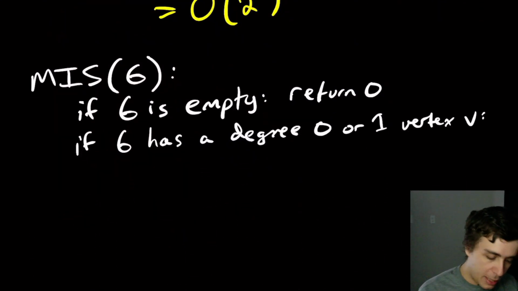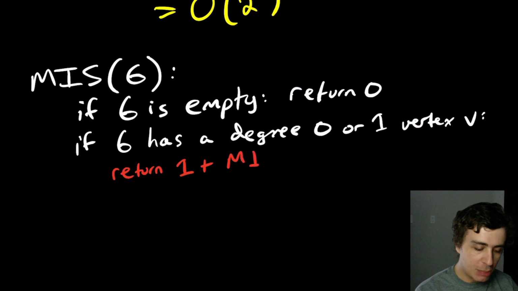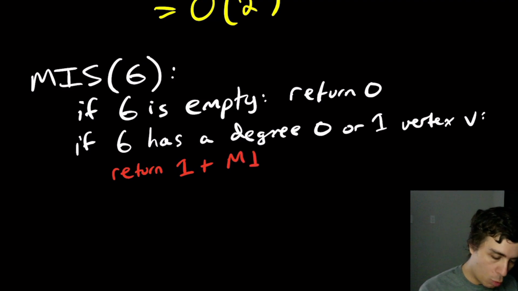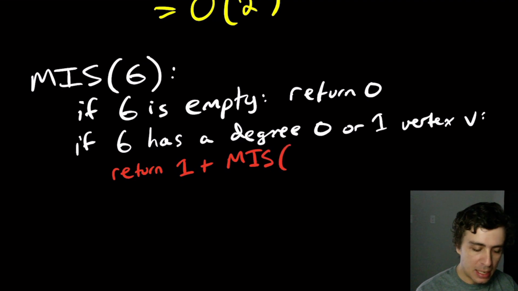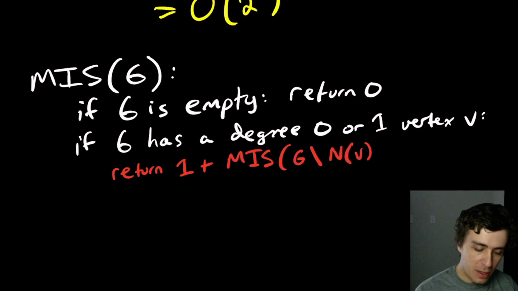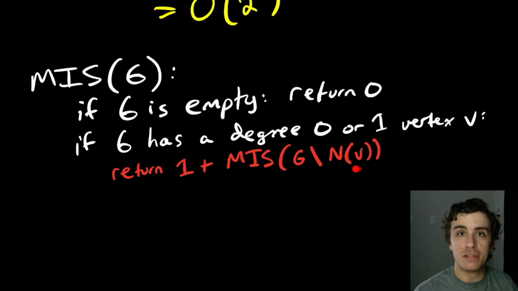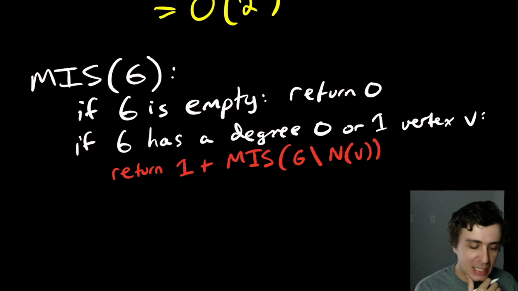So what I'm going to do here is return 1 plus calling the maximum independent set size of the original graph without the neighbors of that vertex. So we might as well assume that this neighborhood of vertex V is going to include the vertex V itself, because we're not going to be able to pick a vertex twice, obviously, because that's not what an independent set is.